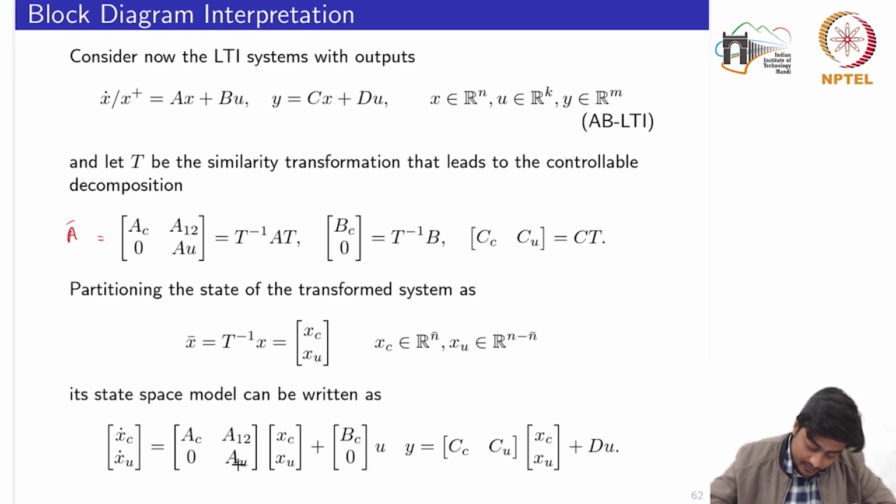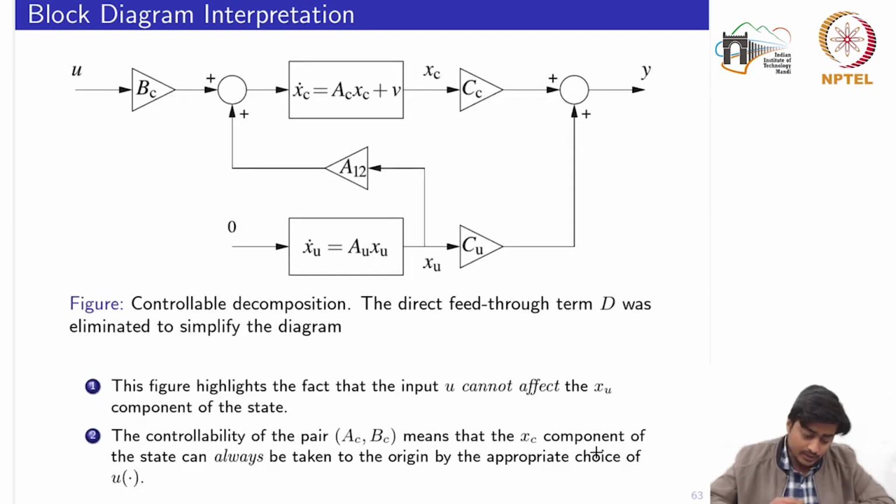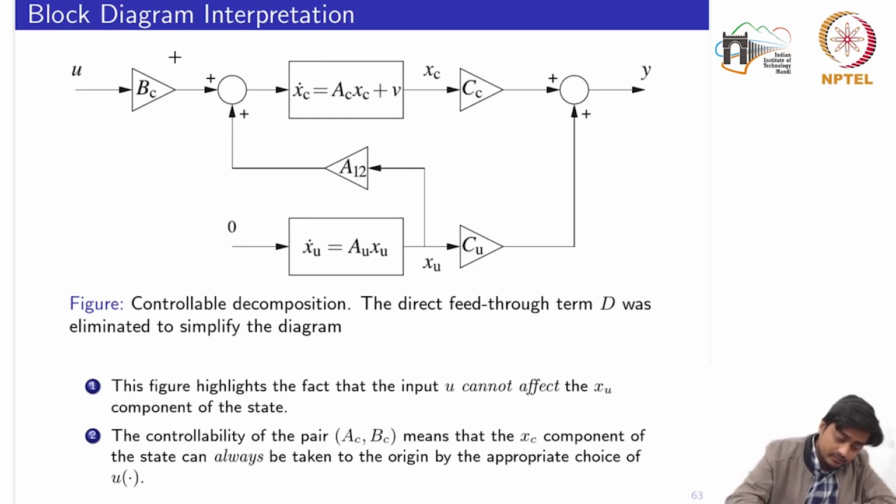So here we can see straightforwardly that u and xc do not have any influence on xu. So this part has been completely removed from the controllable representation. The D matrix won't change, as we had seen in the similarity transformations. If I draw the block diagram here, this part we would have Bc into u, and this part is being added, which is A12 xu.